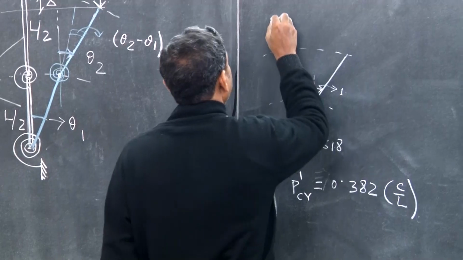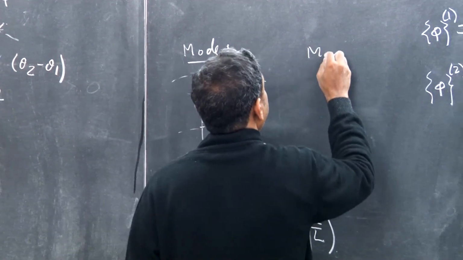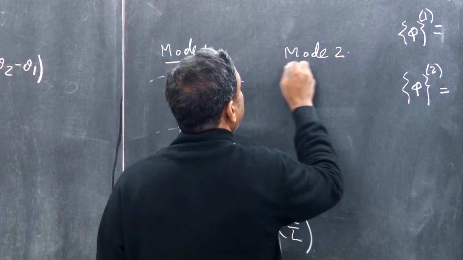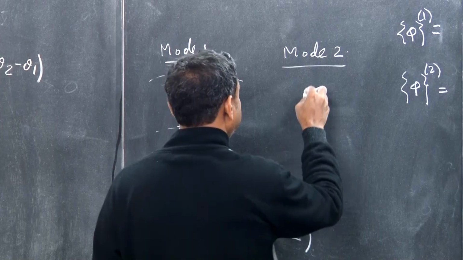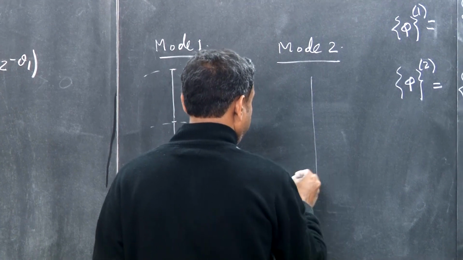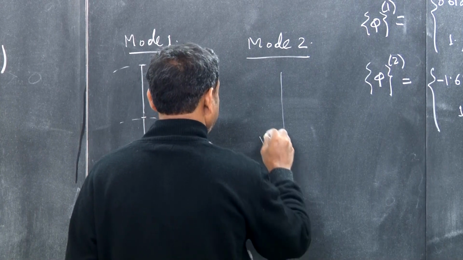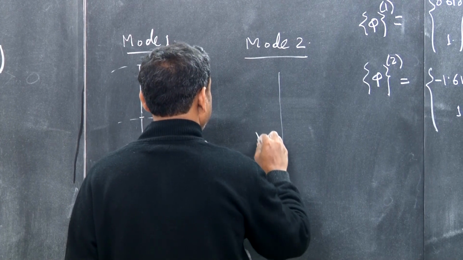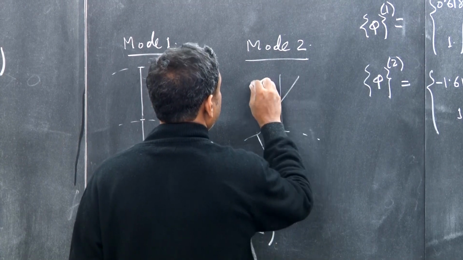This is mode 1, buckling mode 1, and then what about buckling mode 2? In buckling mode 2, you see that theta 1 is negative, right? So what will happen here? Negative means if I put it like this, then the other one will come something like this.